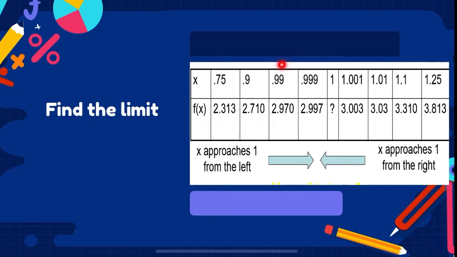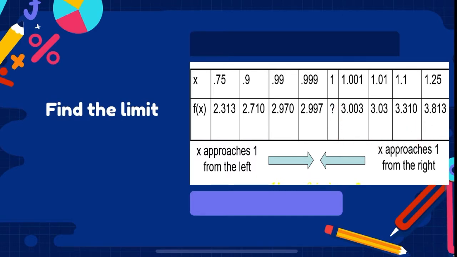And then when we look at it from the other side, when x is 1.25, f of x is 3.8, and when it's 1.1, it's 3.3, and when it's 1.01, it's 3.03, and it goes on and on. So as we can see here too, as x is decreasing, approaching 1, f of x is decreasing too.